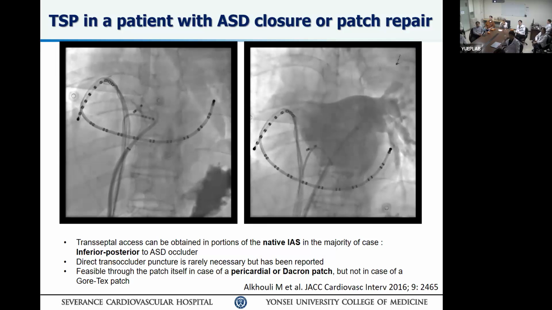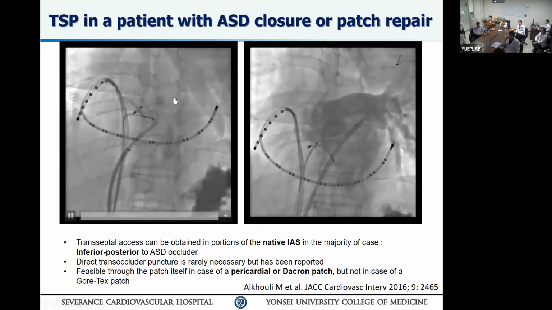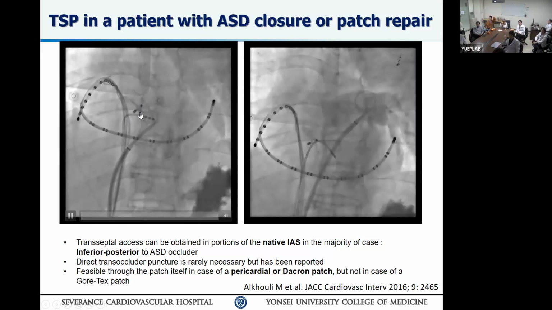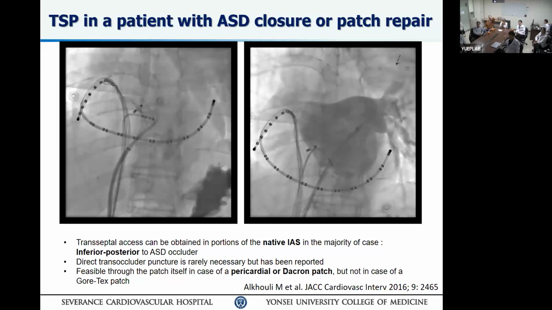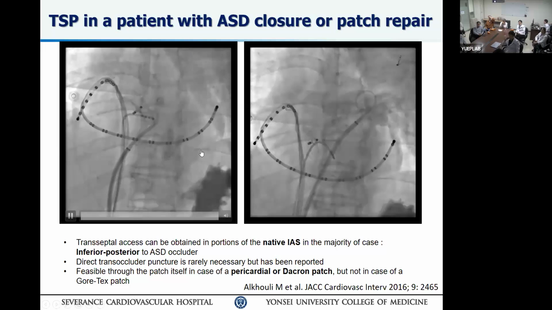The publication suggested that if the ASD closure device is below 26 millimeters, you can safely puncture in the posterior inferior part of the septum. And if it is 26 millimeters or above, you can just transeptal puncture through the closure device.